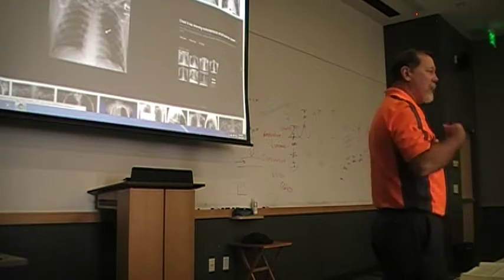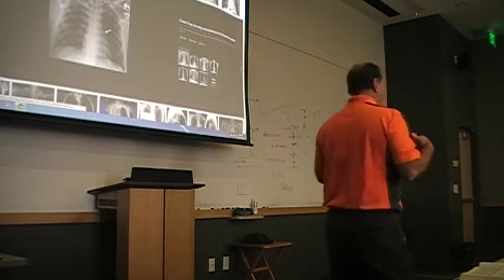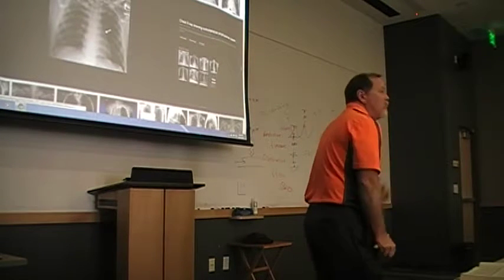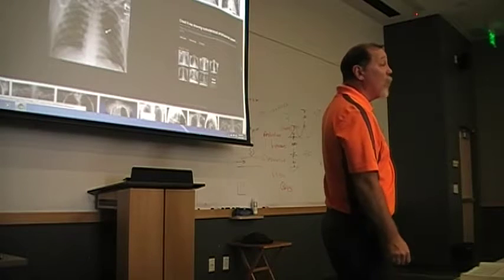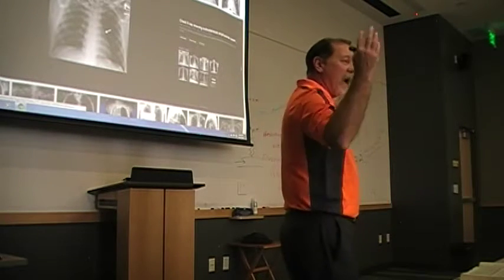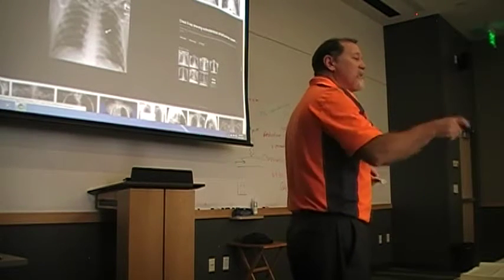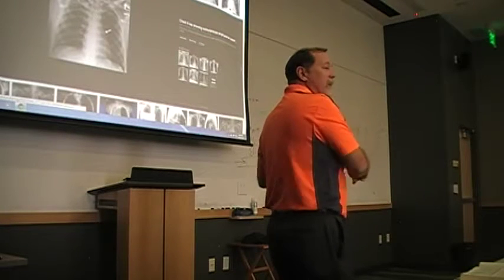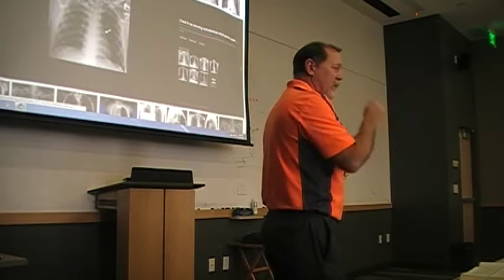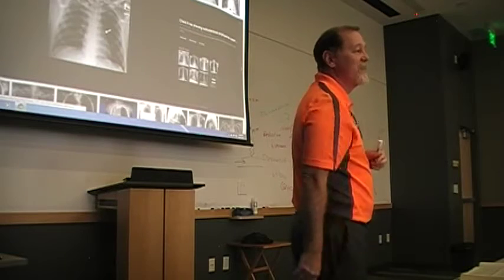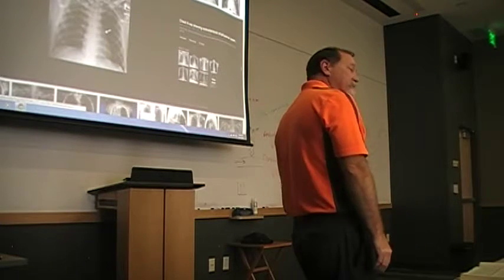What does that tell you about the mechanics of the lungs and how fast you should be able to exhale that flow? It should all be out in 3 seconds. So patients that take longer than 3 seconds to get their air out, what's happening? They have obstructive lung disease, decreased flow rates.